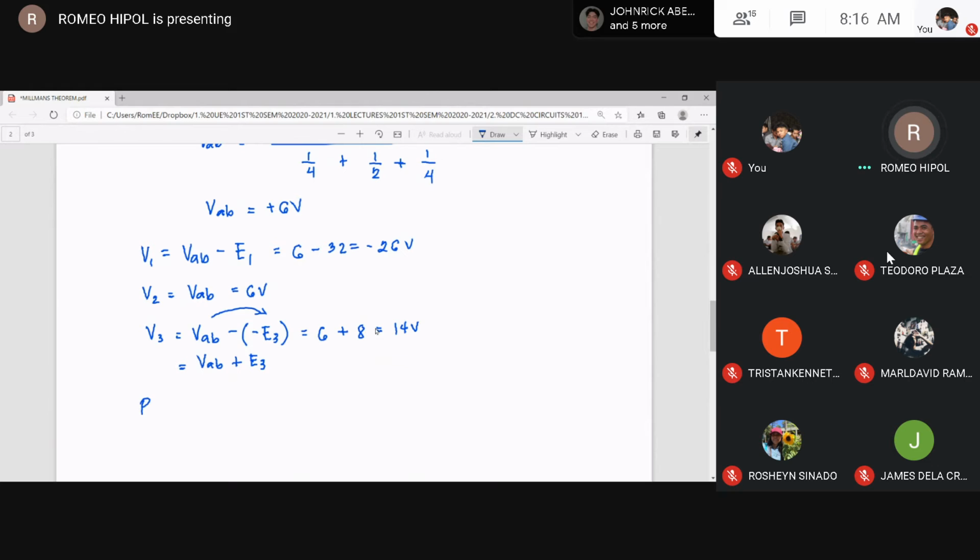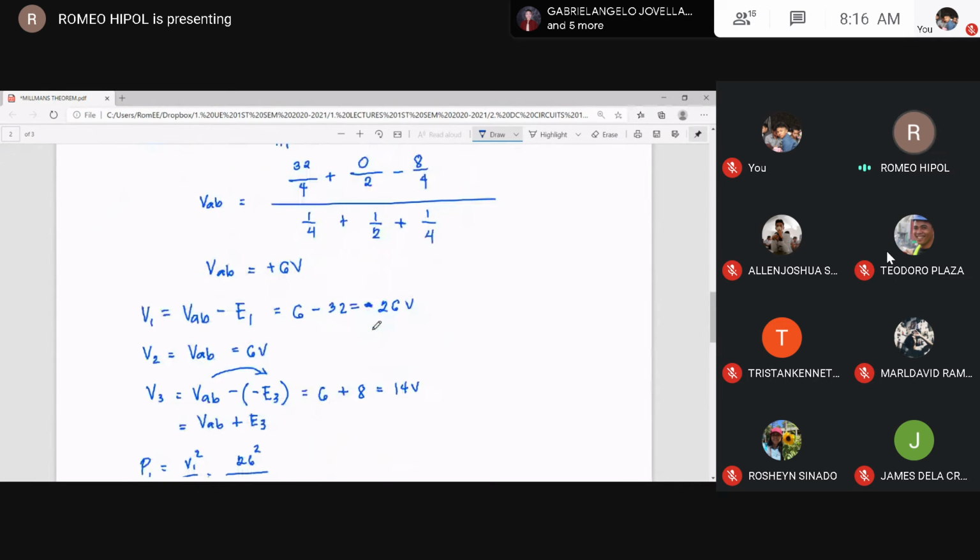So you can now apply the power formula. V sub 1 squared over R sub 1. For V sub 1, we have 26. In this case, we neglect the effect of polarity. 26 over our resistance, 1 ohm.